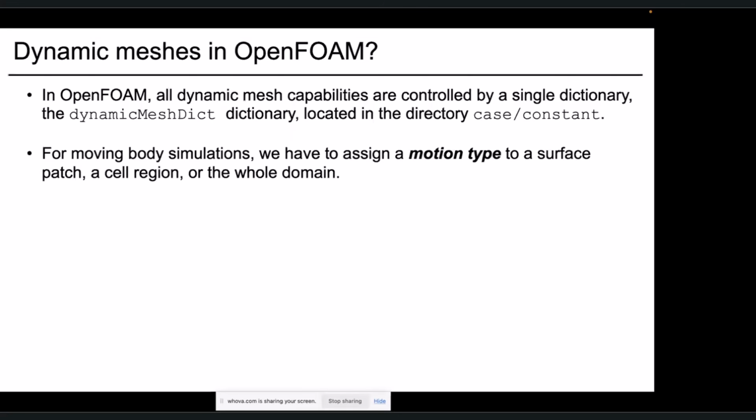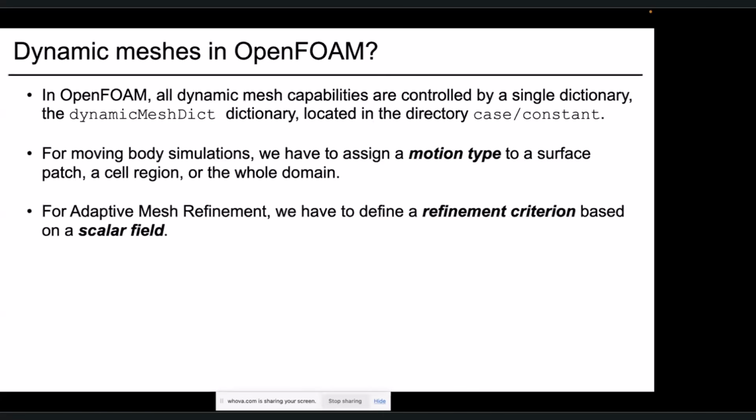The first step would be to assign a motion type. I'll come to what we mean by the motion type in detail, but you have to keep in mind that this motion type has to be assigned to a patch or a cell region, or it can be applied to the whole domain, depending on what type of dynamic meshing strategy we are going to use.